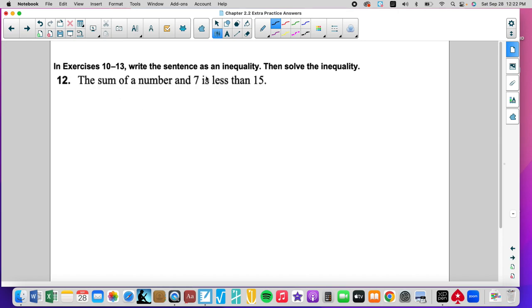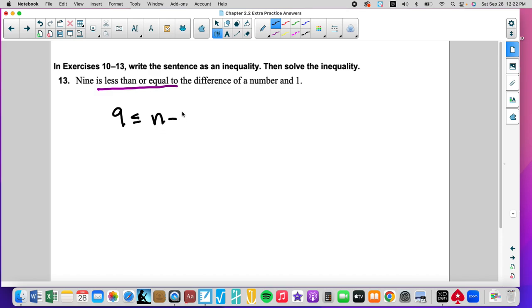The sum of a number and 7, so n plus 7 is less than 15. That's nice and easy. Minus 7, n is less than 8. Easy. 9 is less than or equal to the difference of a number and 1.